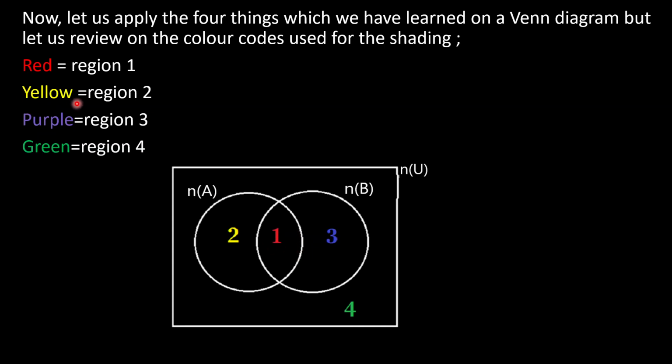The yellow is region 2. Purple is region 3. And the green color is region 4. I'm saying it again: the red is region 1, the yellow is region 2, the purple is region 3, and the green is region 4.